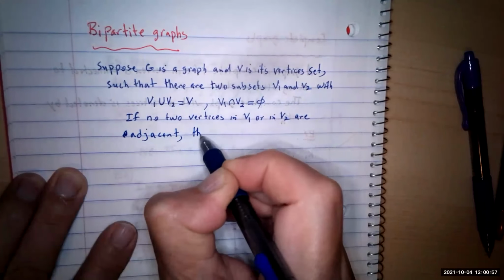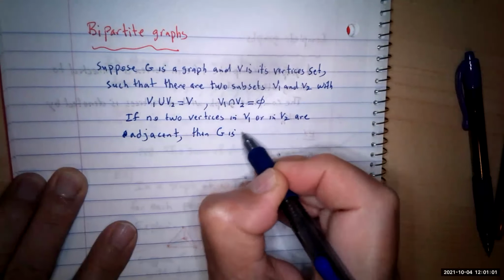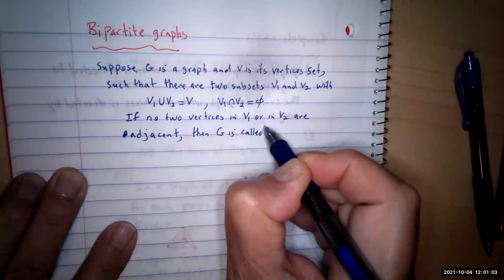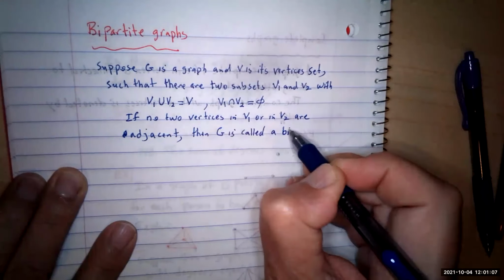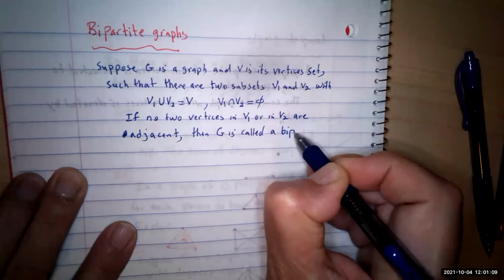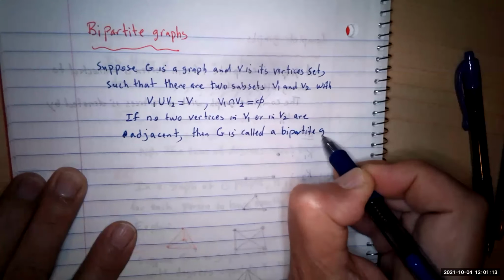Then G is called a bipartite graph. Bipartite graph.